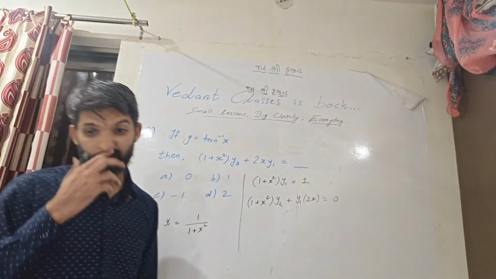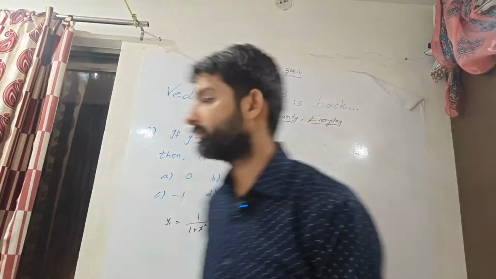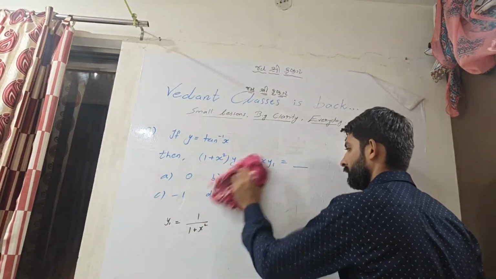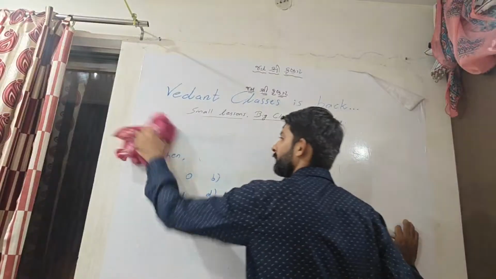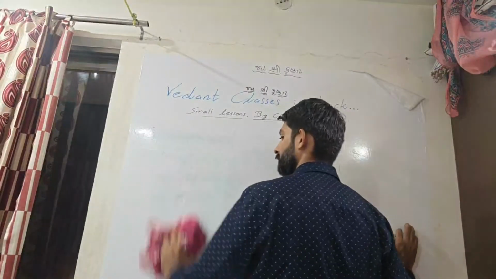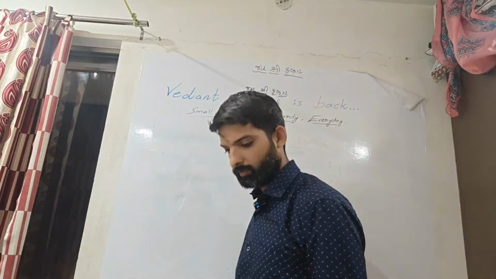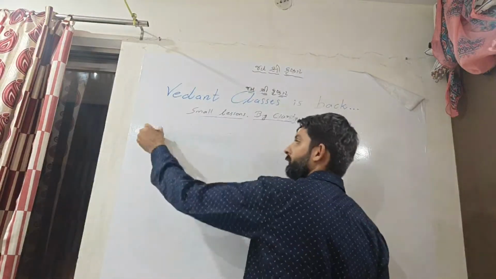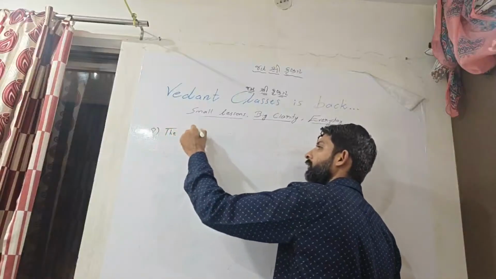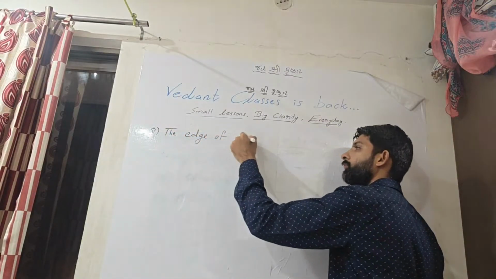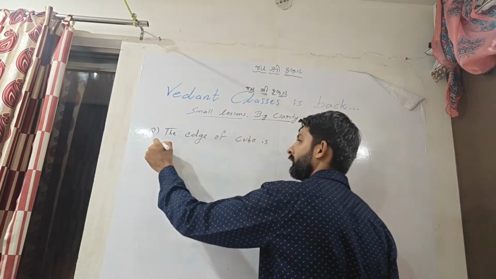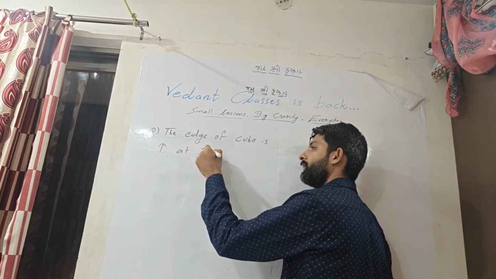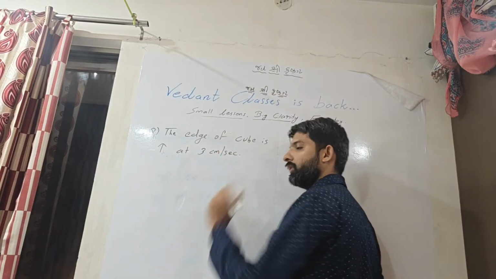Okay, let's solve the last question for the day. The edge of a cube is increasing at 3 centimeter per second.